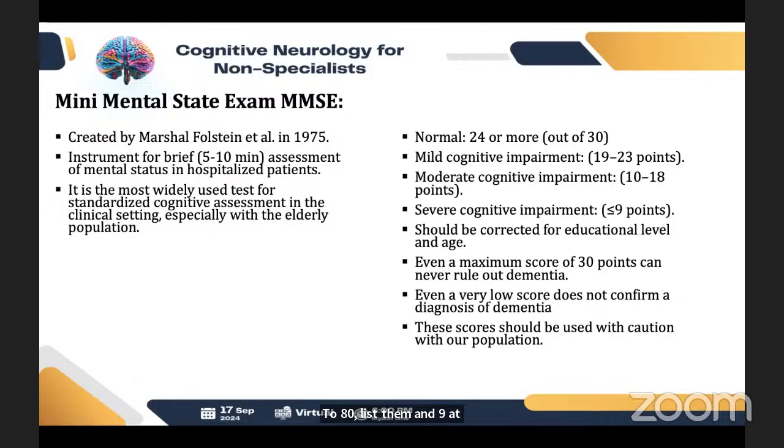So again and again, you have to be careful using this instrument. It is not a diagnostic tool, so you can't tell the patient they have dementia or Alzheimer's. It's an indication, and you have to watch the patient over time. If the patient got 30 points or got the lowest, which is 9, this never means the patient has the diagnosis.